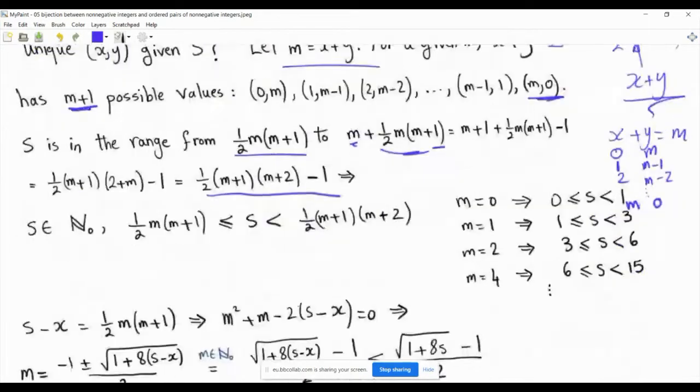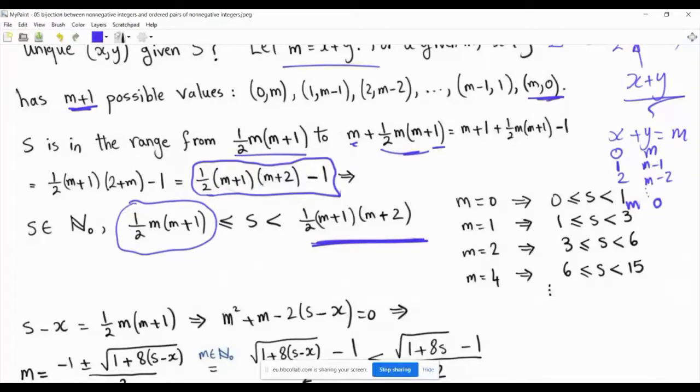Okay, so we can write down the following inequality. Given a certain value of m, which is the sum of x and y, x can be equal to 0 and y equal to m, and this will give you the least value for s, which is this one here. And then the highest value is this quantity here. Okay, so rather I will write this quantity plus 1.